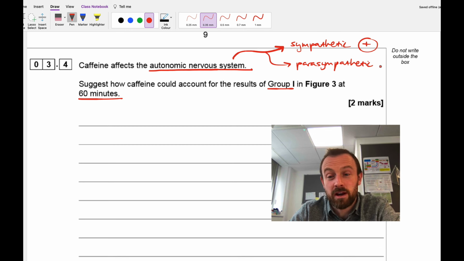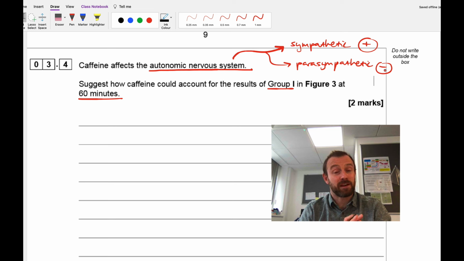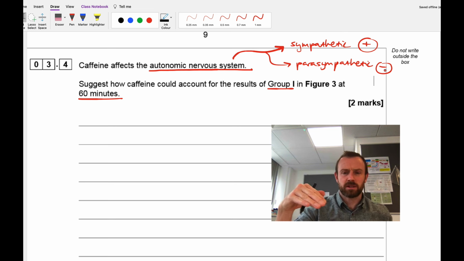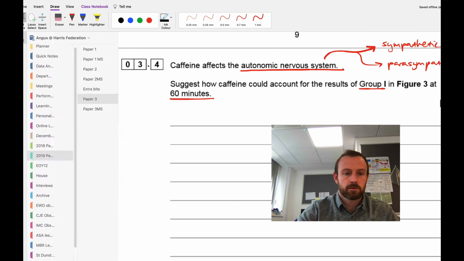Sympathetic speeds up heart rate, parasympathetic slows it down. So we want to talk about the sympathetic nervous system. I would probably say that caffeine increases the frequency of action potentials traveling from the cardiac center down the sympathetic nervous system to the sinoatrial node. Okay? Hopefully that's going to do it. Let's see.